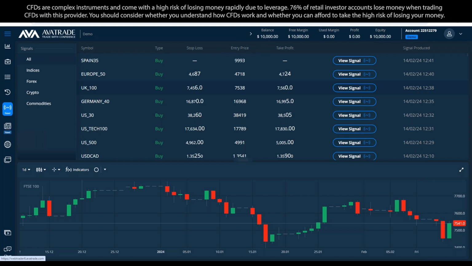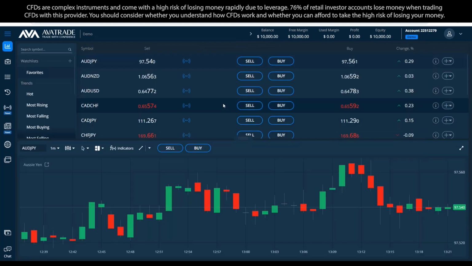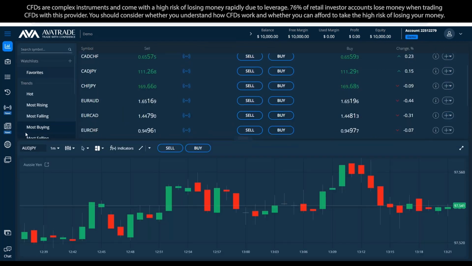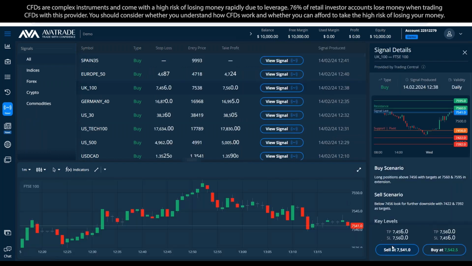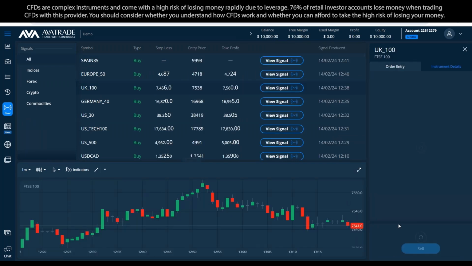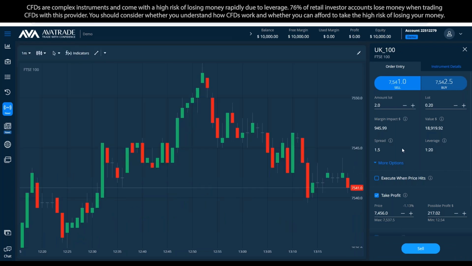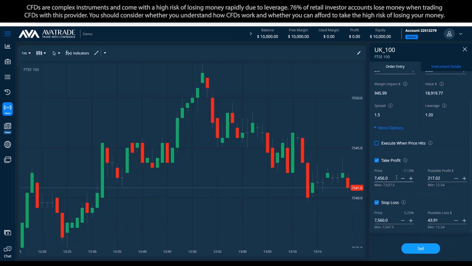Let's go back to the beginning. I'm just clicking on the signal section. That's one time. I'm just clicking on the FTSE, and I'm going to click sell or buy, and I'm done. The scenario is here.